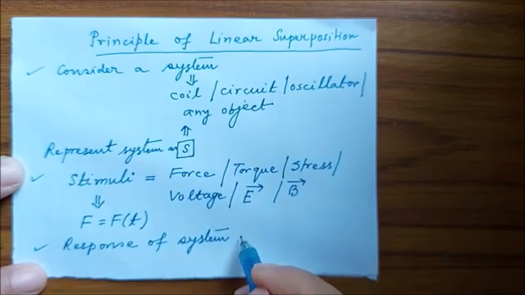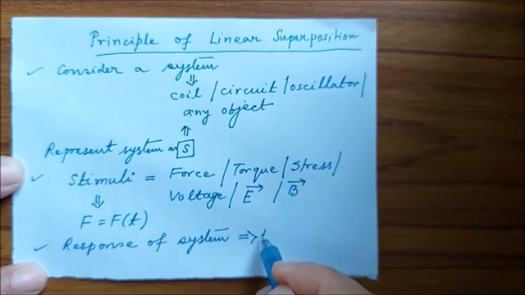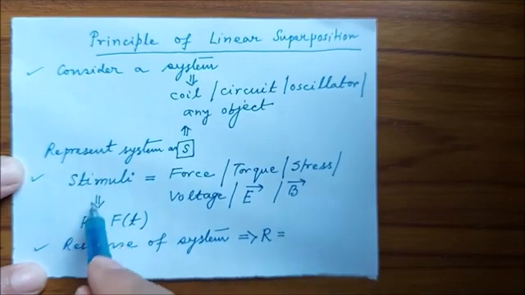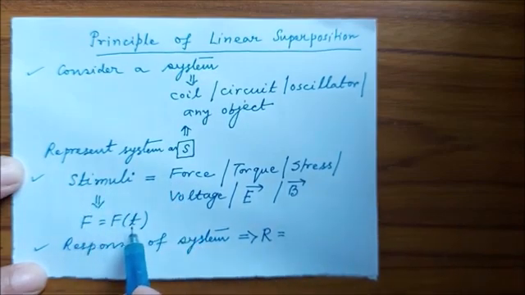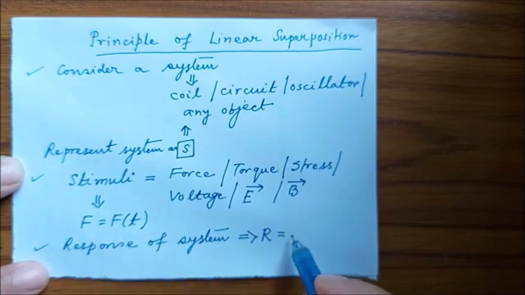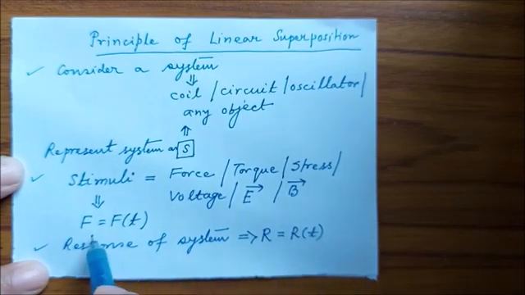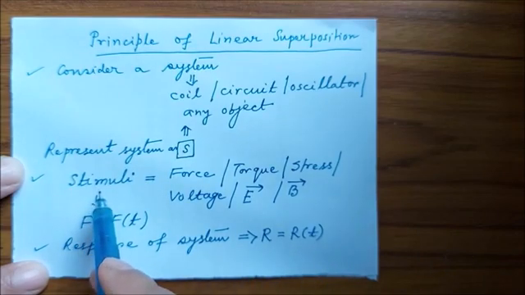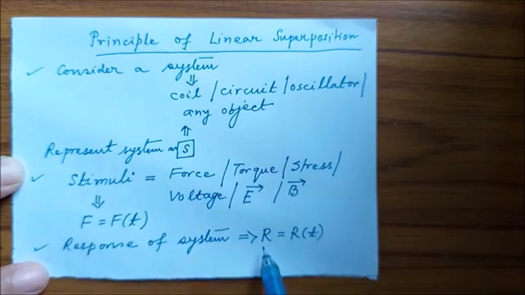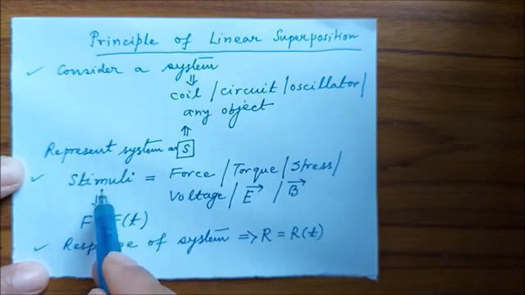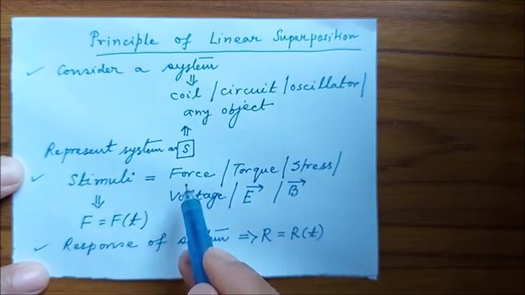And response of the system let us denote by R, and since stimuli or the force is a function of time, its effect, that is the response, will also be a function of time. So if f is a function of time, then R is also a function of time. F is the stimuli, the cause, and R is the response of the system, the effect of the stimuli or the effect of the force.